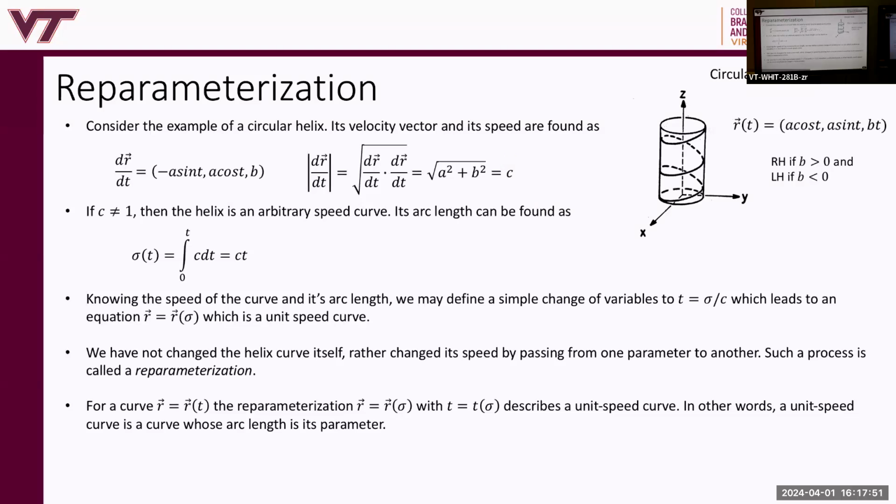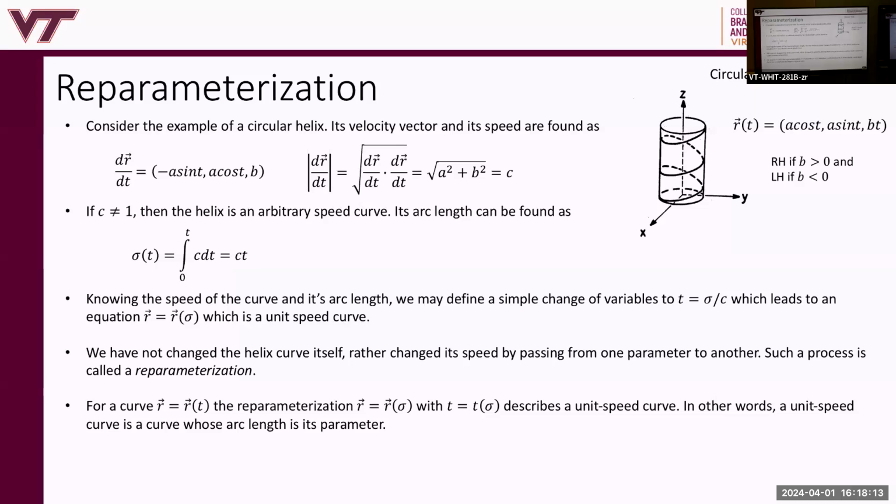Okay, so if c is not equal to 1, then the helix is an arbitrary speed curve, right? Its arc length we can find by integrating the magnitude of the velocity vector, or the speed, with respect to t from 0 to t, and what we find is c times t.